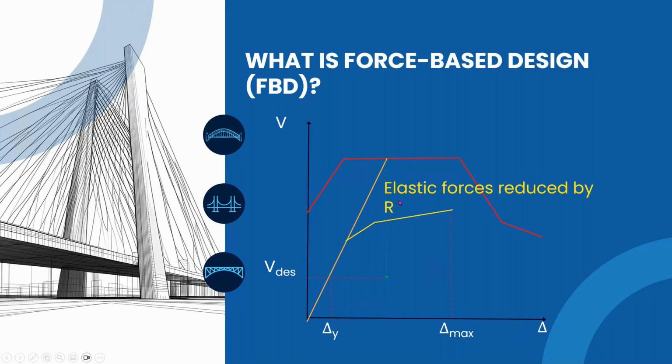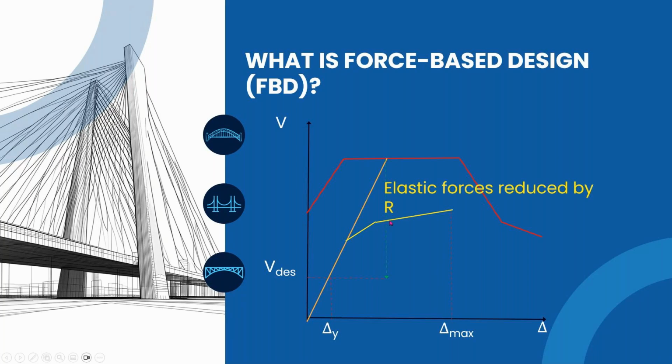But most of the time engineers are under this false impression that we have used all the factors of safety and our structure is going to be very safe under the earthquake, but it's not so, and it can be very well answered with the difference between the demand and the capacity of the structure.